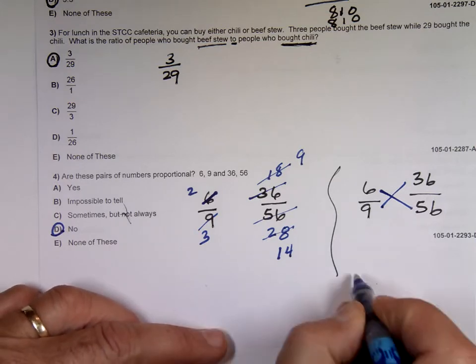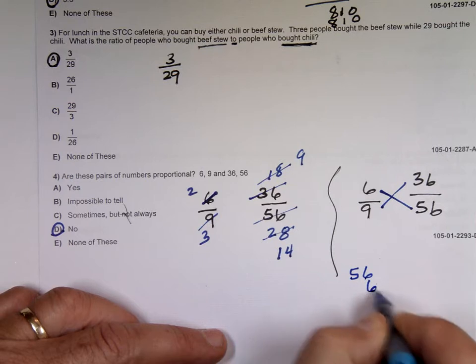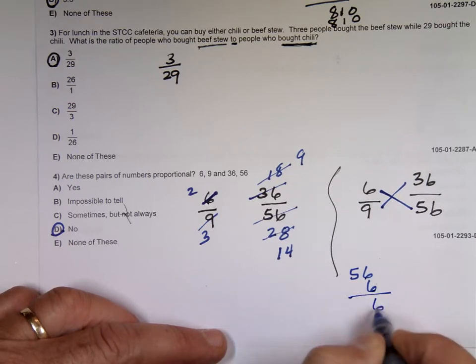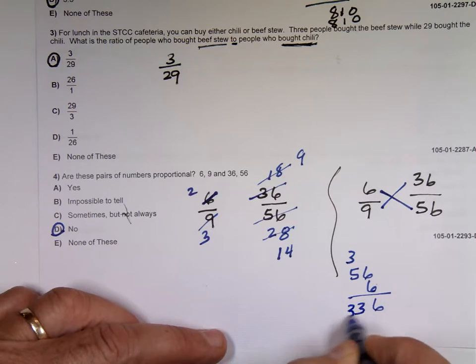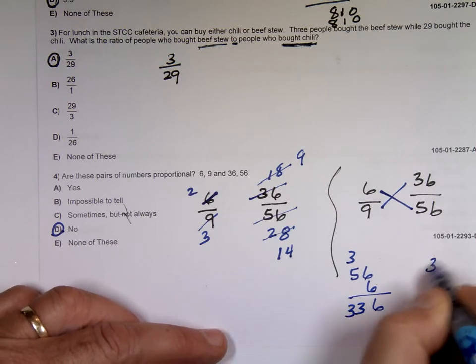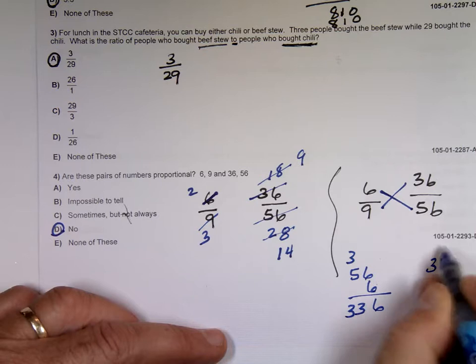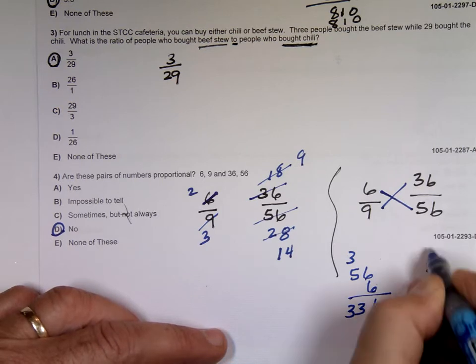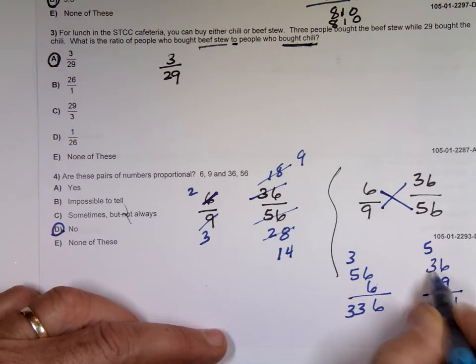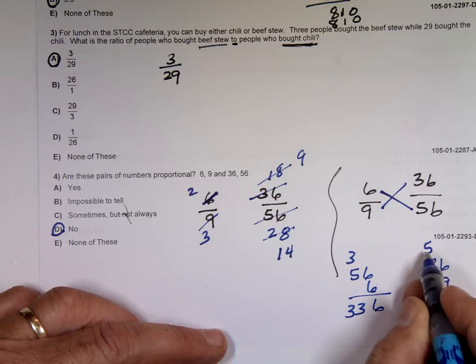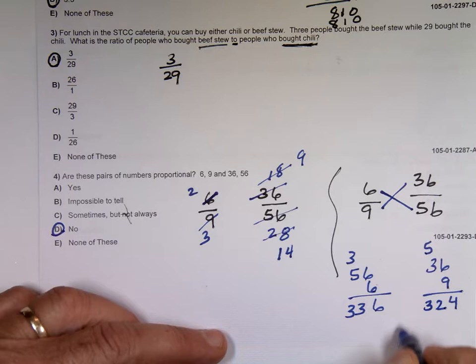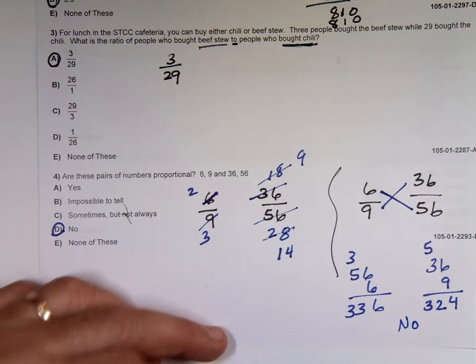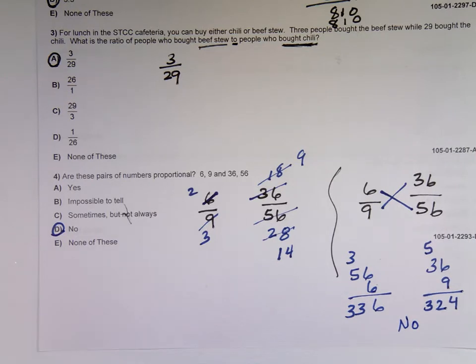So 56 times 6, 6 times 6, 36. 6 times 5, 30, and 3, 33. 36 times 9, 9 times 6, 54. 9 times 3 is 27. 27 and 5, 32. Are they equal? No. So lots of ways of doing it.